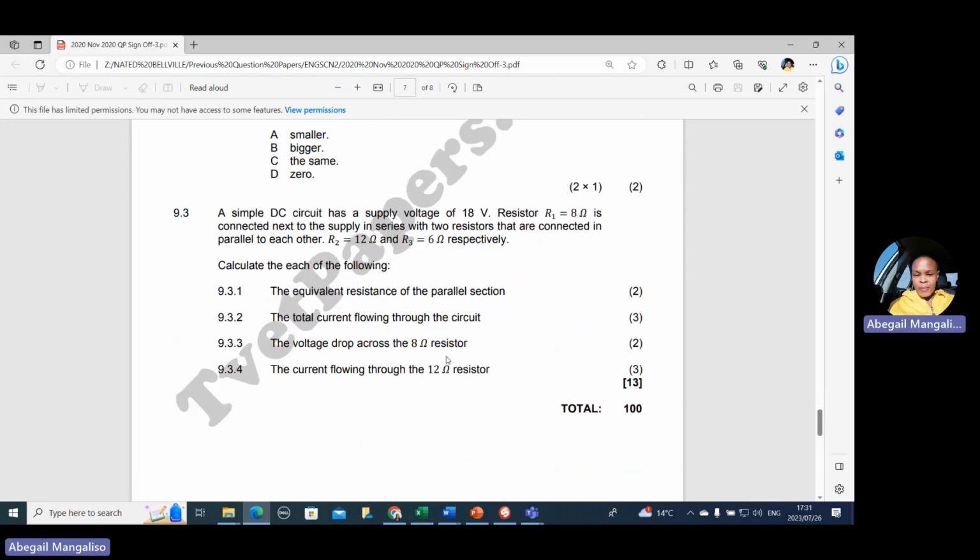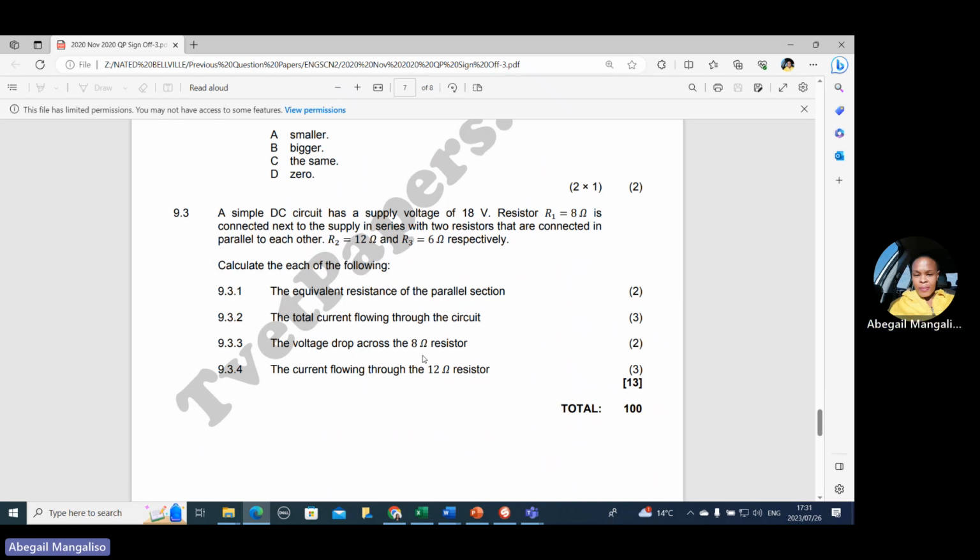9.3. When you answer the question, when you are given the word statement, you must first sketch that circuit. You sketch the circuit because it simplifies the problem. A DC circuit has supply voltage of 18, which is the voltage across the terminals. It is 18 volts.